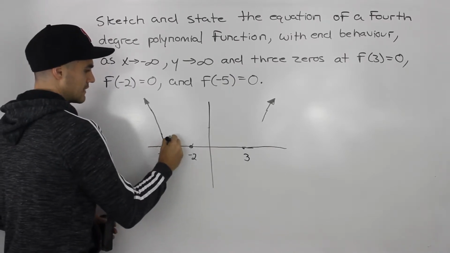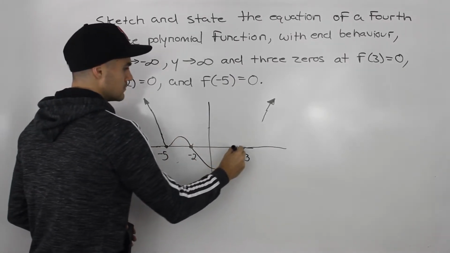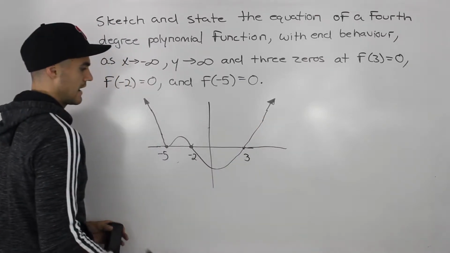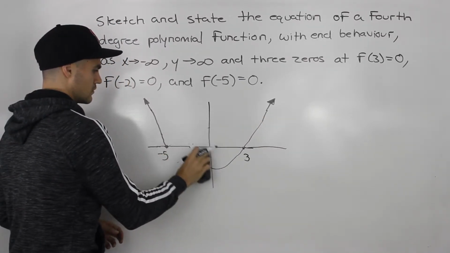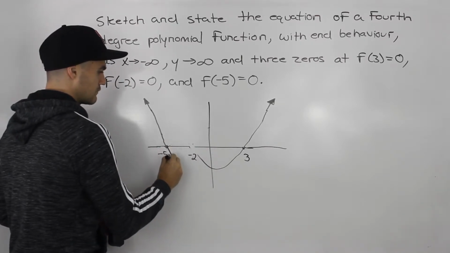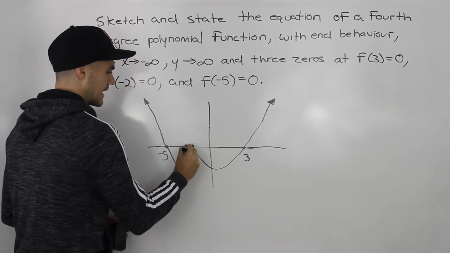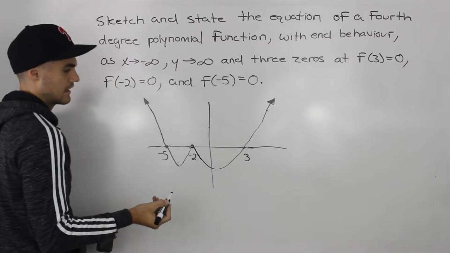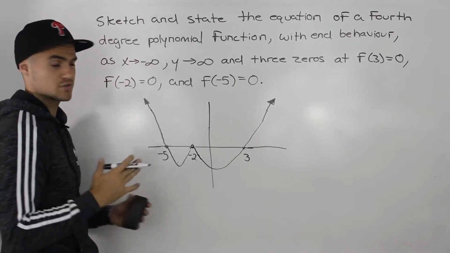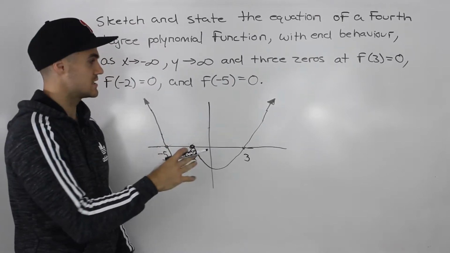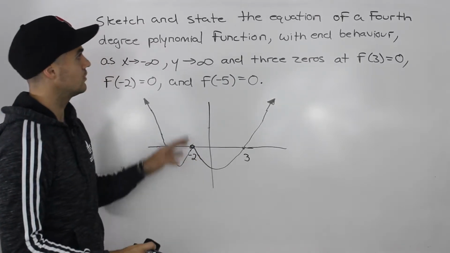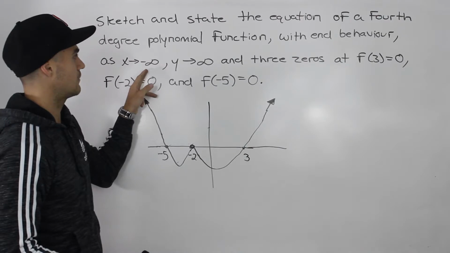So it could bounce at negative 5, go through negative 2, like that. Or it can go through negative 5, and it could also bounce at negative 2. So it could look something like that, right? So you have a bunch of options. And notice that no matter which x-intercept you bounce this function off, it's still going to keep the characteristics that we were given.